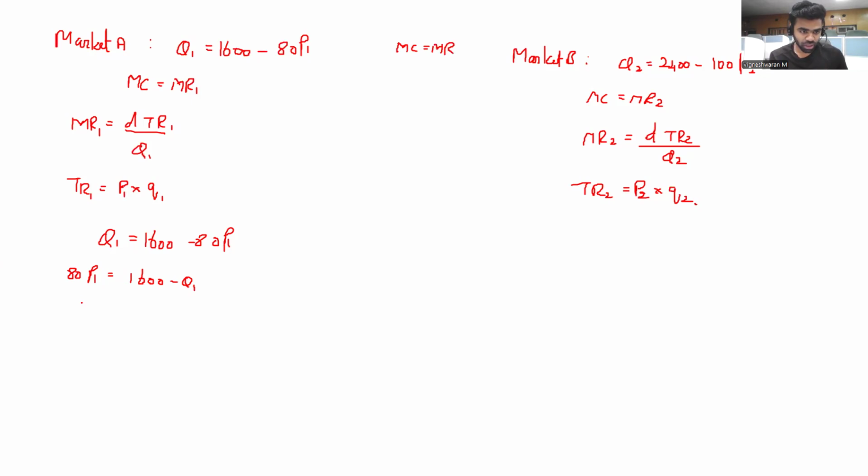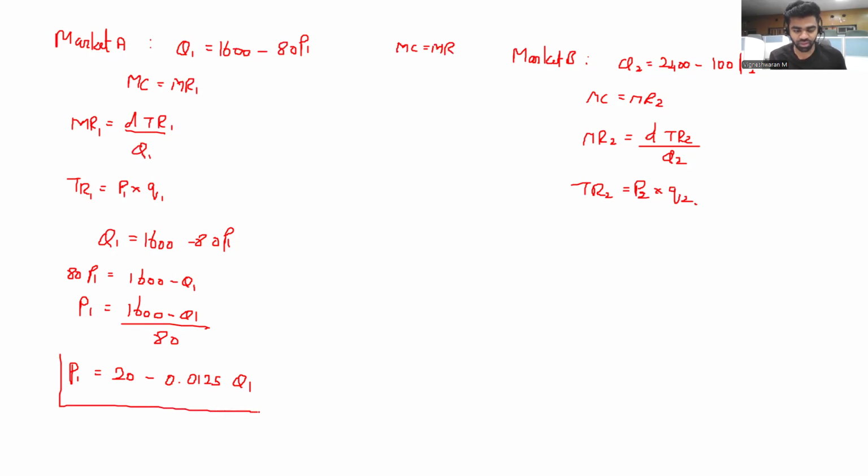So P1 is equal to 1600 minus Q1 divided by 80. Dividing by 80 separately, P1 is equal to 20 minus 0.0125 Q1, that is, 1600 by 80 minus Q1 by 80. So now I got the equation for P1.